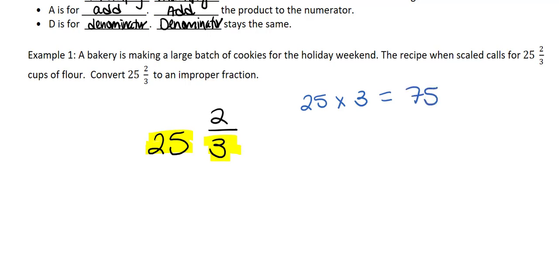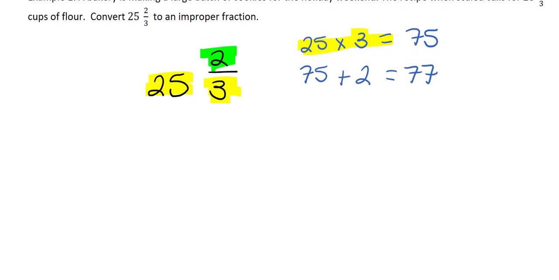Then we're going to go ahead and add. So this is that step. And so what we do is we take the 75 and then we add 2. So that would become 77. And so that becomes our new numerator, the 77. And then we keep our denominator.